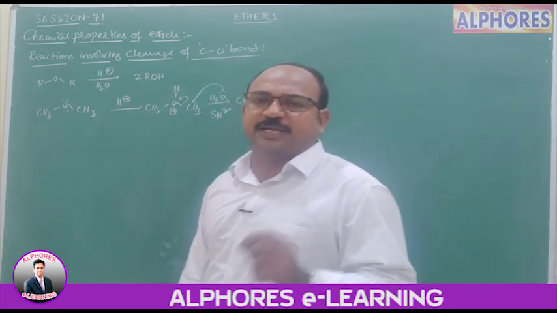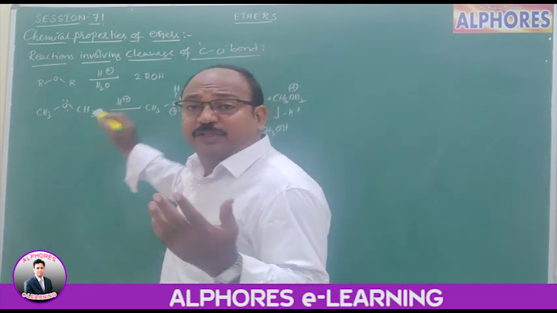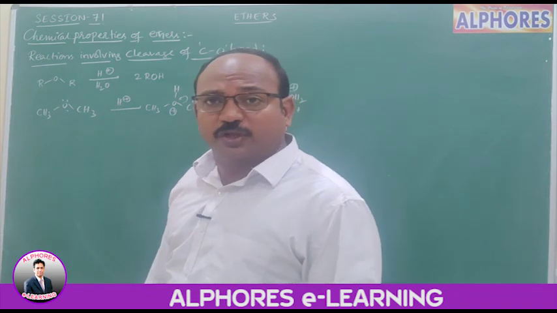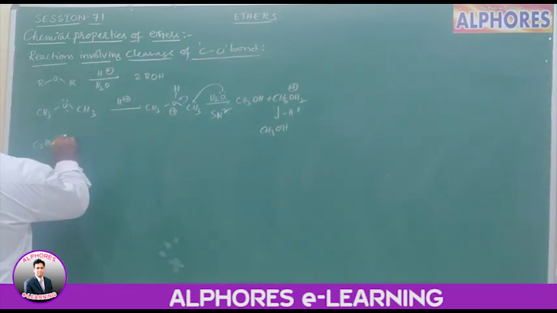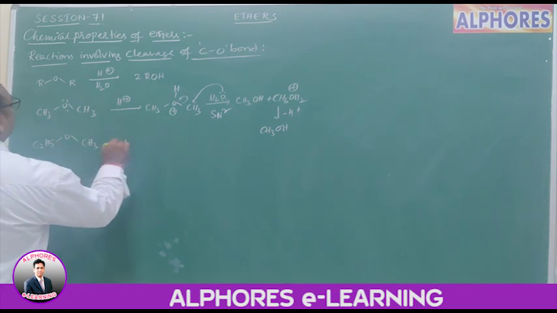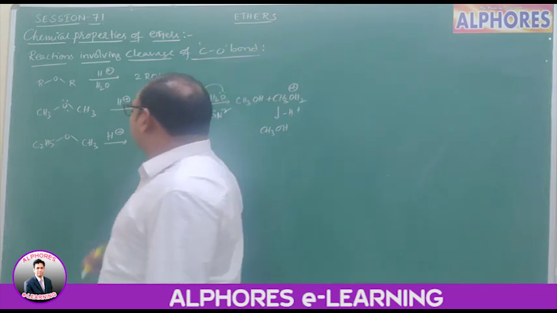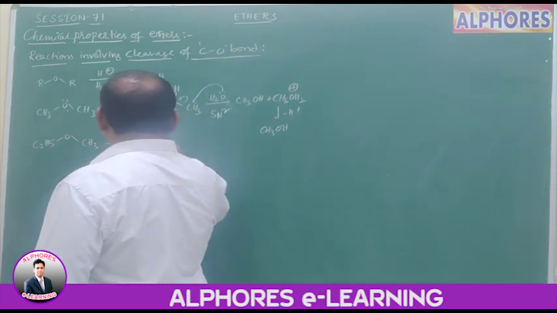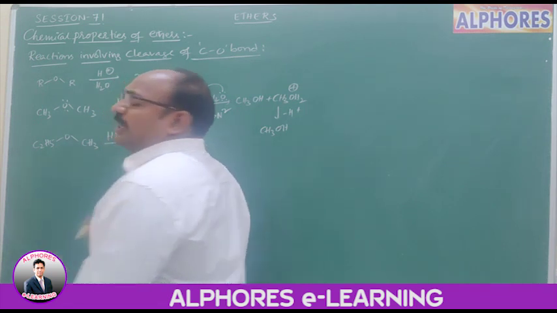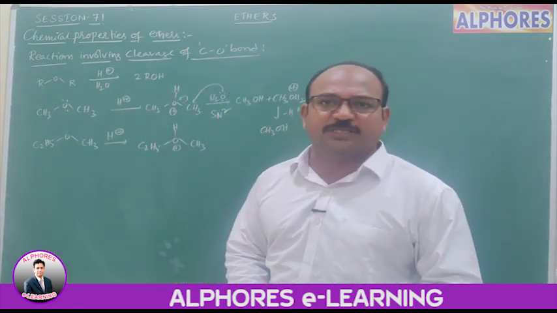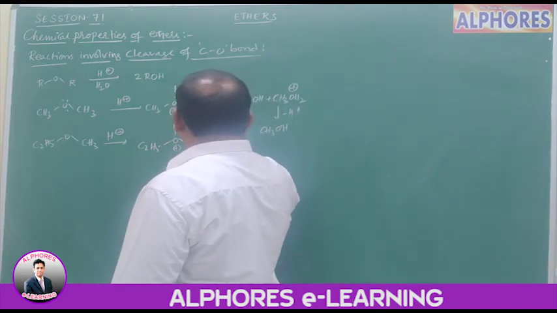As a result we get CH3OH and CH3OH2 plus. Later this loses a proton to the water solvent, and we get CH3OH. So in case of symmetrical ether, we get only one alcohol, just like in dimethyl ether we get methyl alcohol only. And one more thing, this reaction is an SN2 reaction, substitution nucleophilic bimolecular, because it is without formation of carbocation.